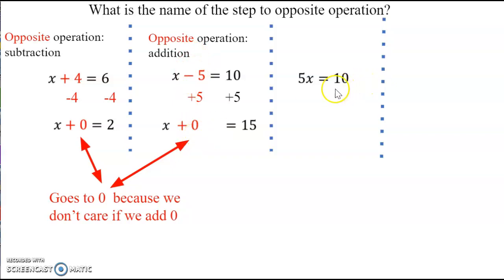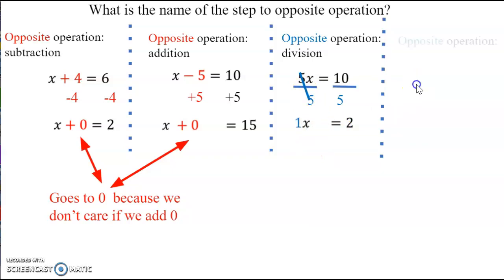What if we have this equation, 5x is equal to 10? 5 is being multiplied to x, so the opposite of multiplied by 5 is division, so we're going to divide both sides by 5, because 5 divided by 5 just becomes 1, so that's 1x is equal to 2.